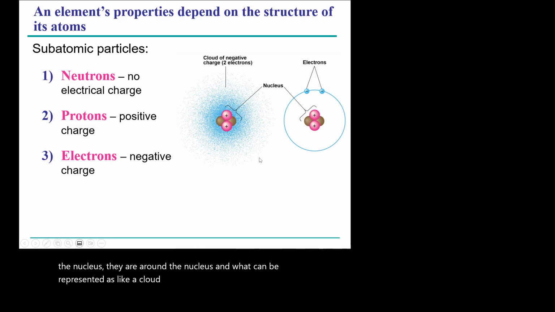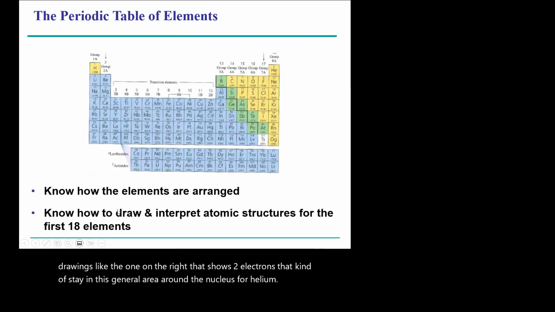But to simplify the electrons, their relative locations and numbers, we're going to be looking at drawings like the one on the right that shows two electrons that stay in this general area around the nucleus for helium. But we do want to broaden our view and look at more of the elements from the periodic table, and also a trend that exists with electrons.